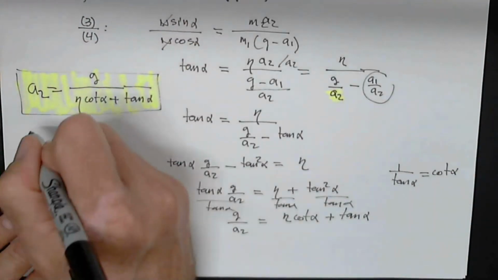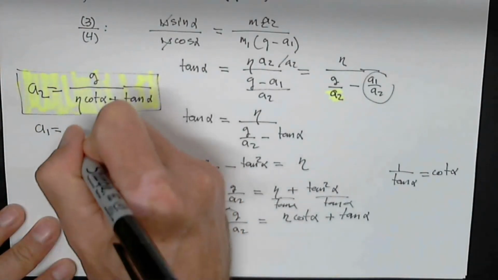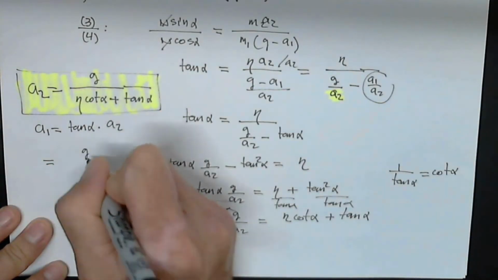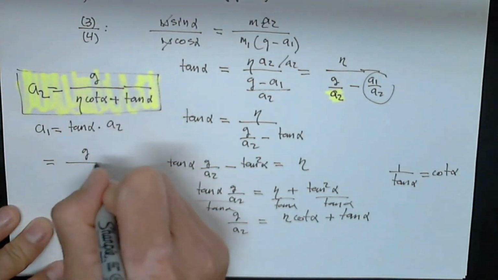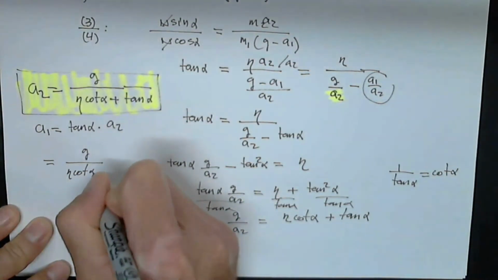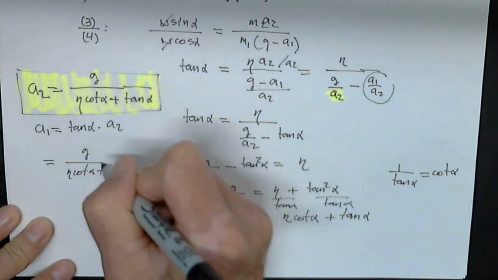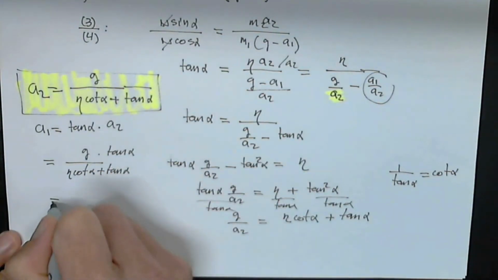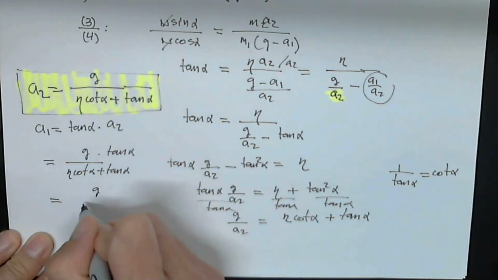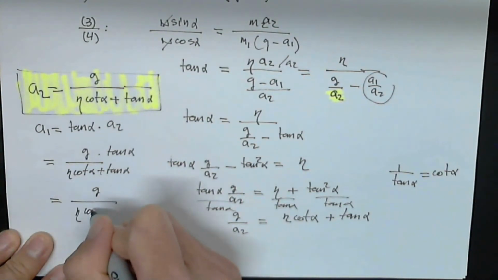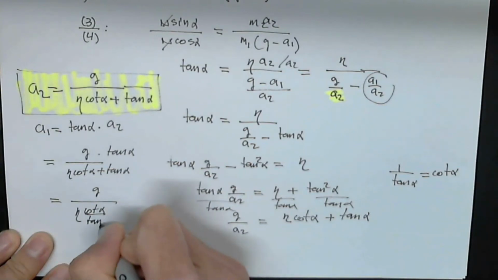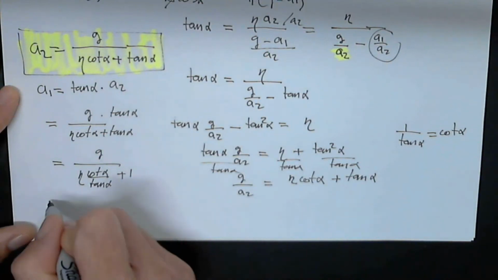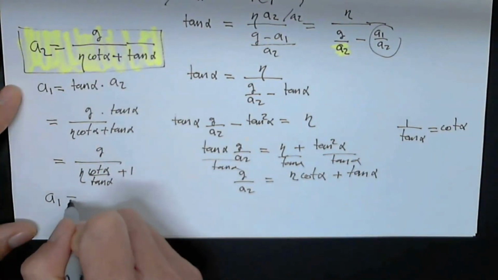Now it's super easy to find a1 because it's tangent times a2. Then I divide by tangent, and 1 over tangent is cotangent, so that gives a1.